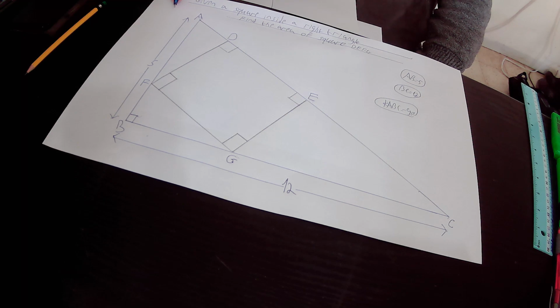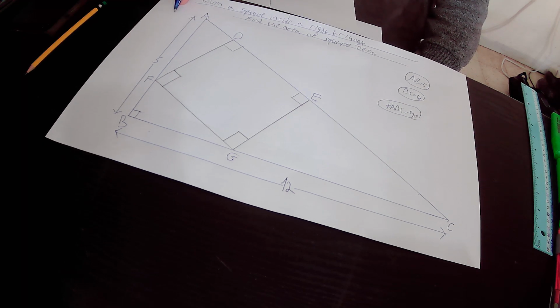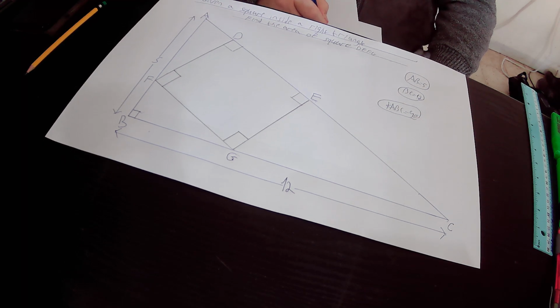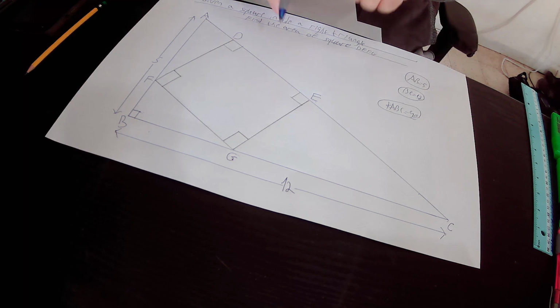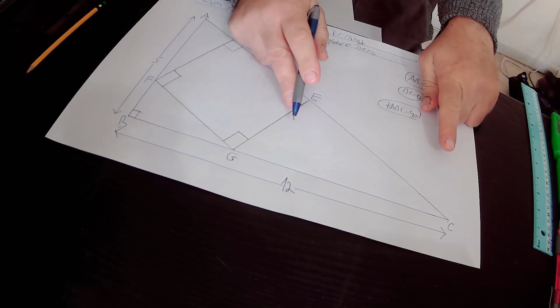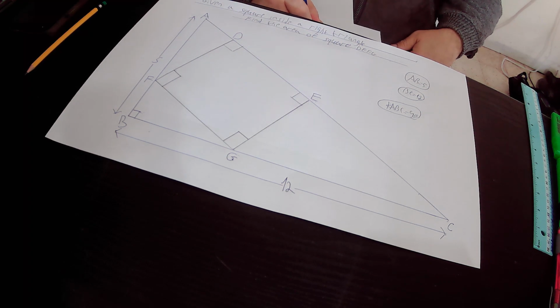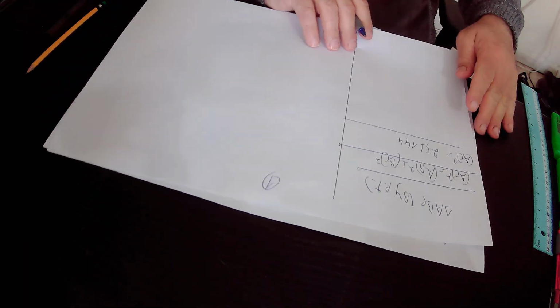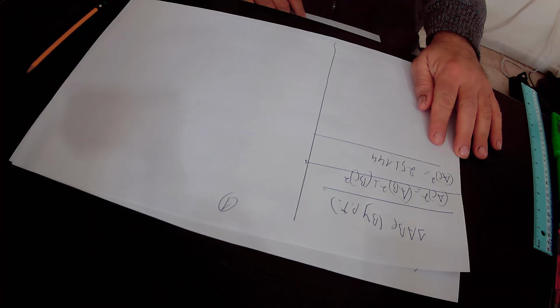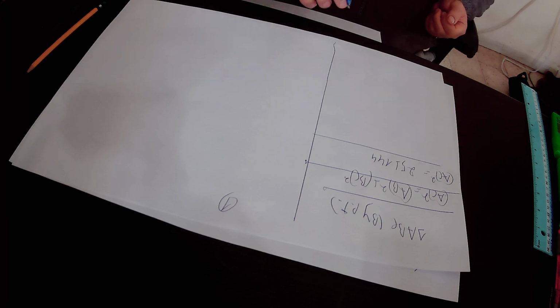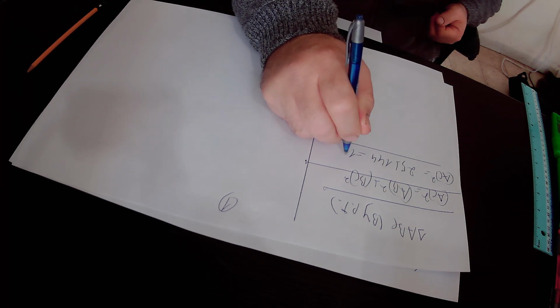AB is 5, therefore AB squared is 5 squared, that is 25, plus BC squared. BC is 12, therefore BC squared is 12 squared, that is 144. So in conclusion, AC squared equals 25 plus 144, that is 169.